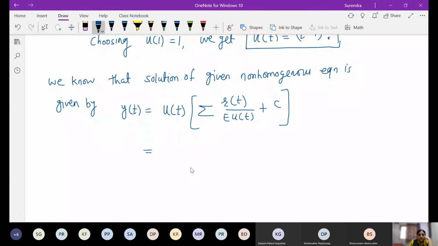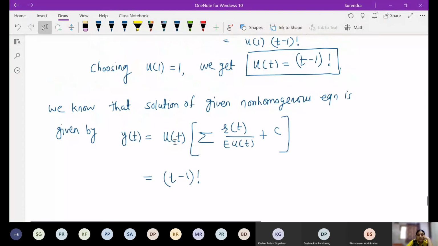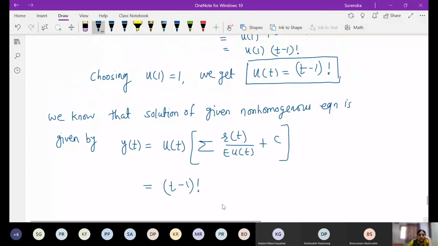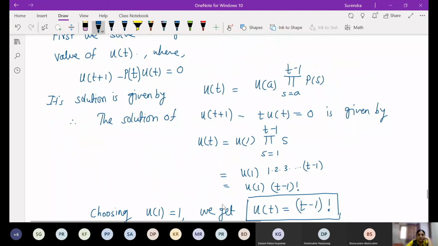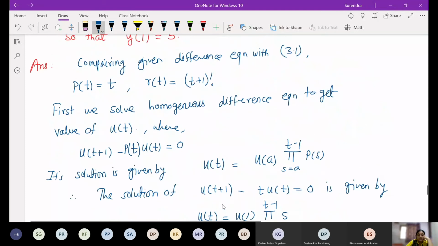So what is my u_t? u_t is t minus 1 factorial. And what is my r_t? r_t is t plus 1 factorial. Is that right? r_t is t plus 1 factorial.